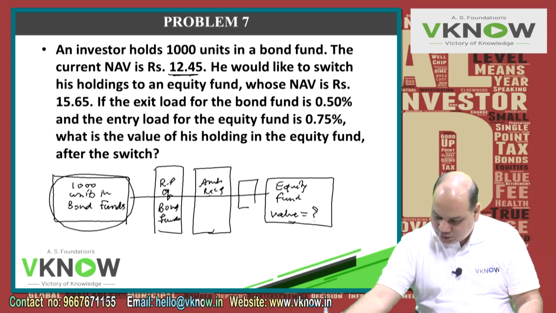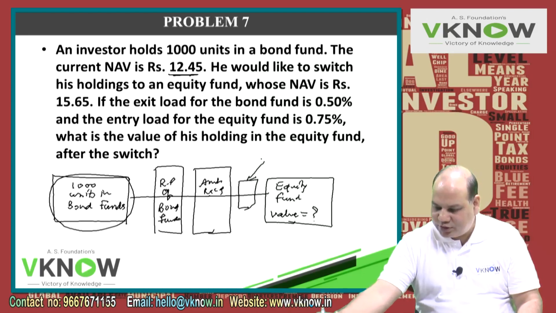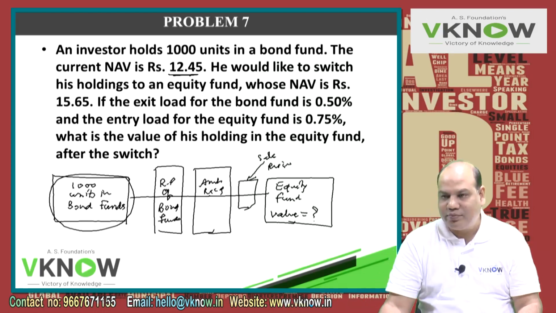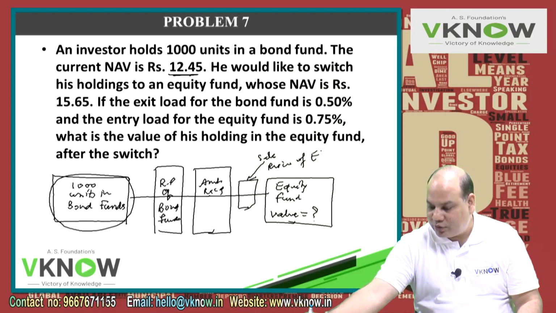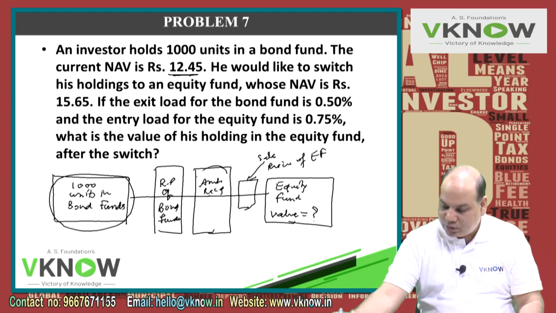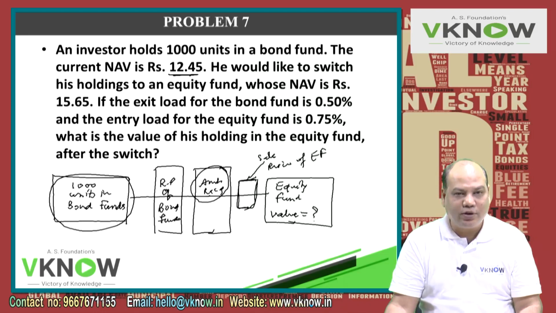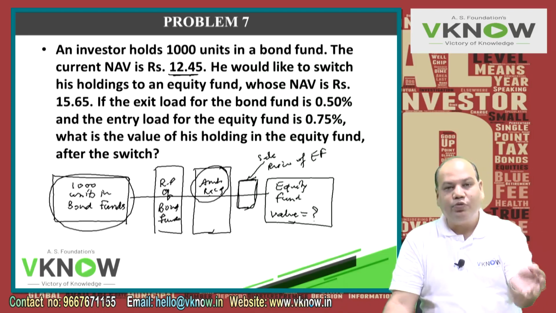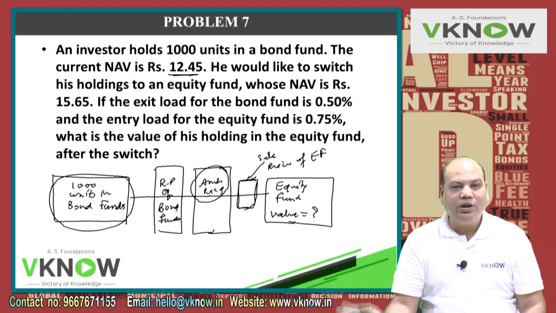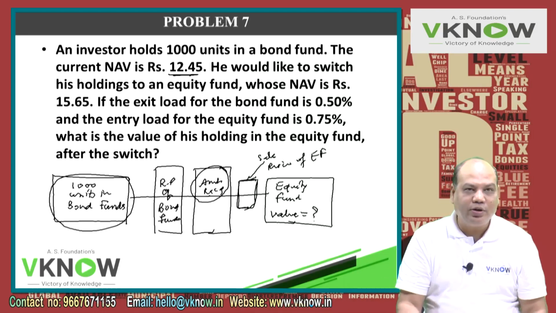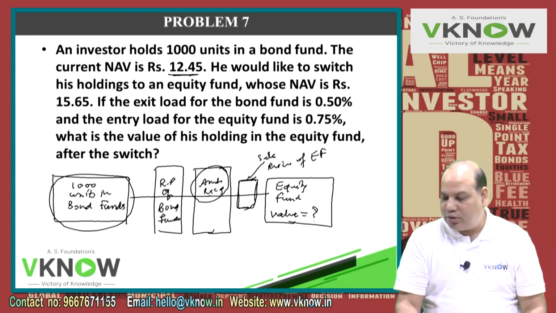Then you will calculate the sale price of equity fund. Don't do anything, just understand. This amount that you will receive will be invested at sale price of equity fund. You will get the number of units of equity fund received, and number of units of equity fund multiplied by NAV of the equity fund, that is the value of his holding in the equity fund.